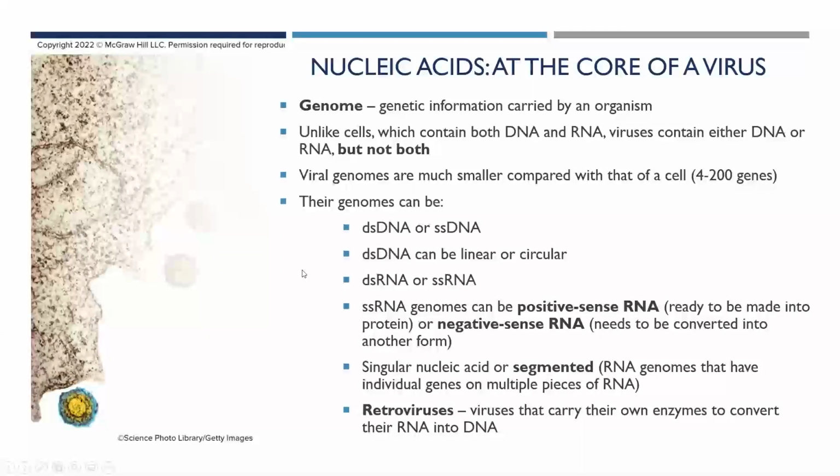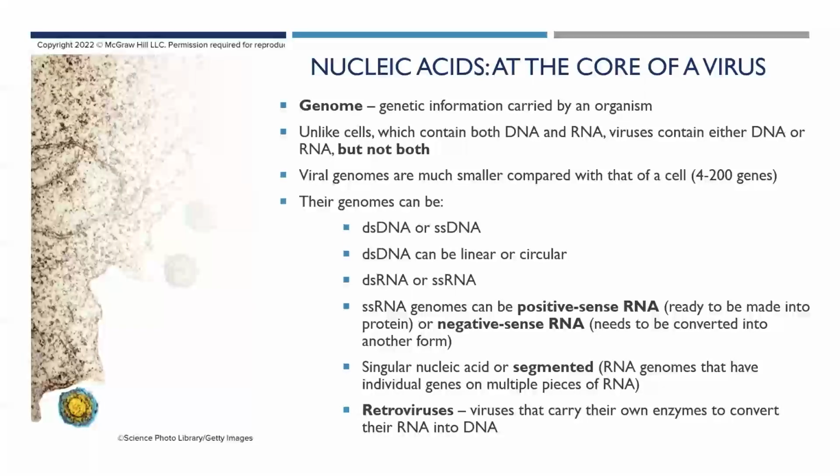Their genomes can be double-stranded DNA. So we think of the DNA helix with the base pairs binding to each other, forming that ladder shape, or they can be single-stranded, only half of that ladder. The double-stranded DNA can be linear, like our chromosomes, or circular, more like that of a prokaryote.